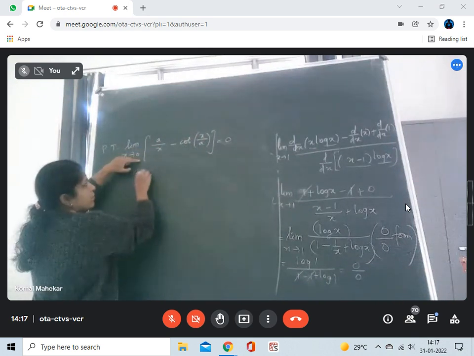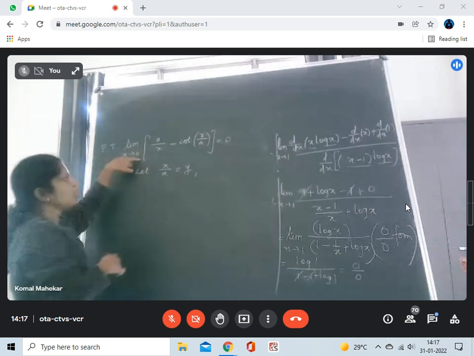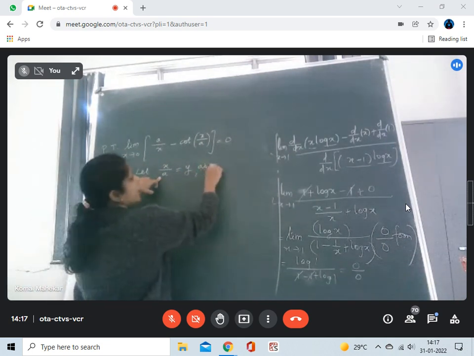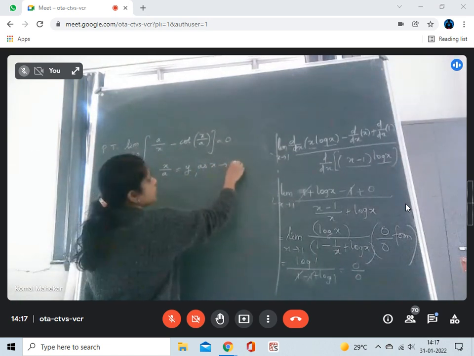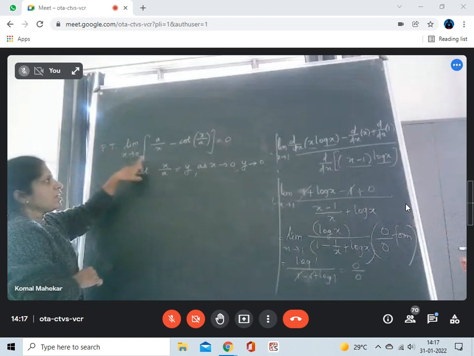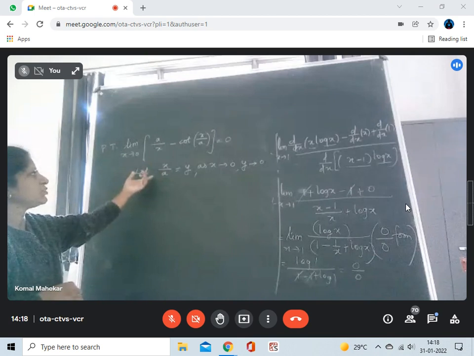So if we assume x by a is suppose y, and as limit x tends to 0, therefore the limit in terms of y also tends to 0. If x tends to 0, then y also tends to 0.